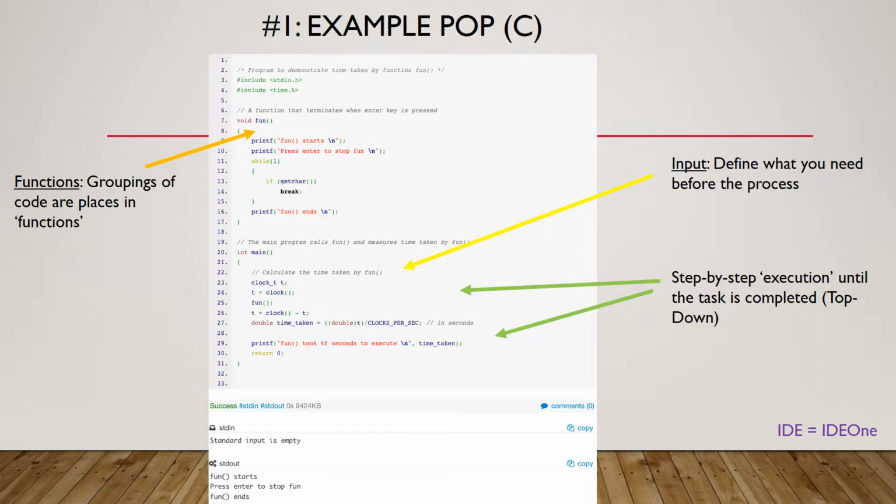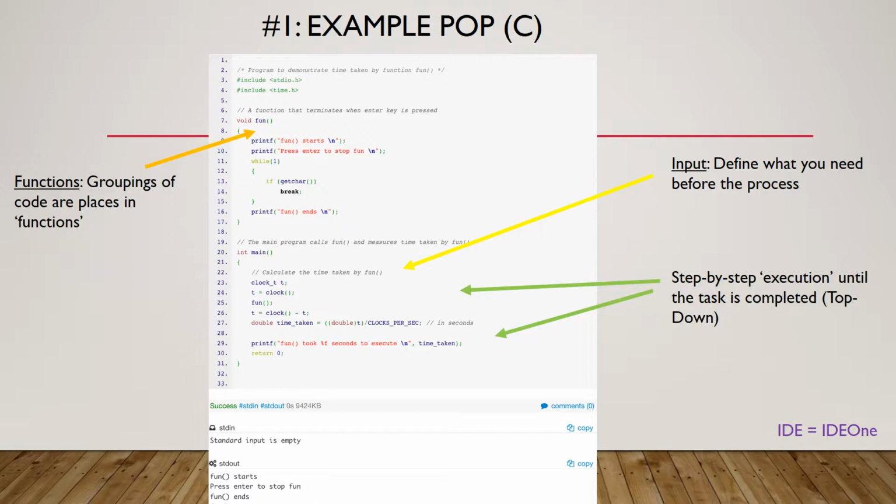The execution happens to be in C starting with the main function, and there's a linear step through, if you will, of gathering the clock information, and then it executes the fun function, so it bounces up to the top and linearly executes that fun function, and then returns back and sequentially goes down through the code. So it's a very linear top-down process.